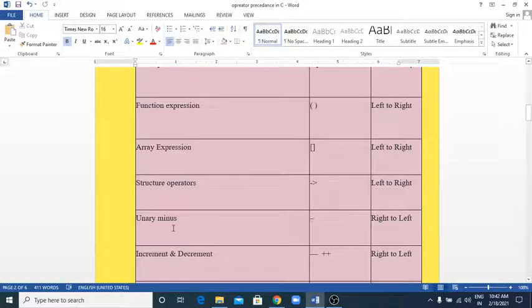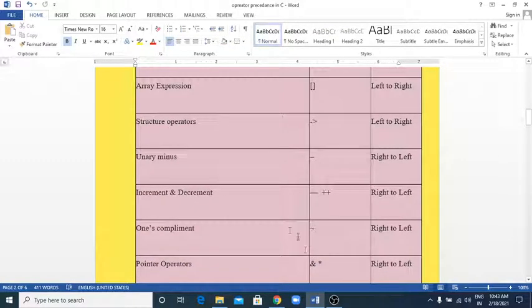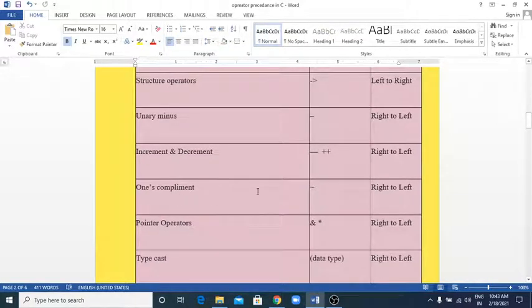Now unary minus has associativity right to left. Then the increment decrement operators, minus minus and plus plus, also have associativity right to left. Now ones complement, the tilde operator, has associativity right to left.